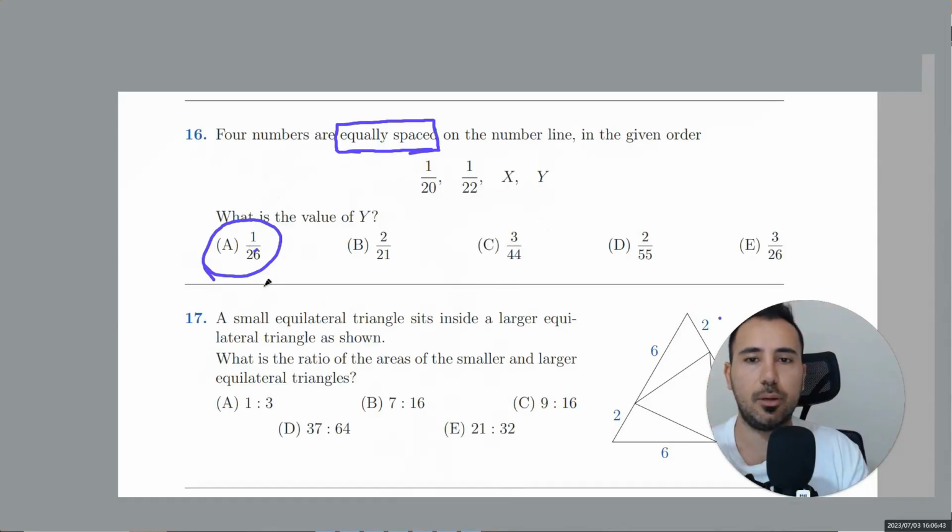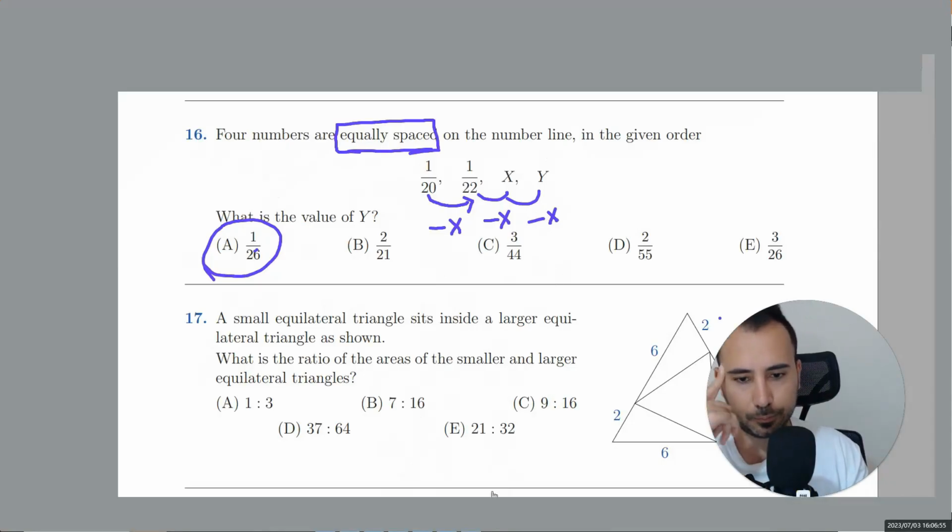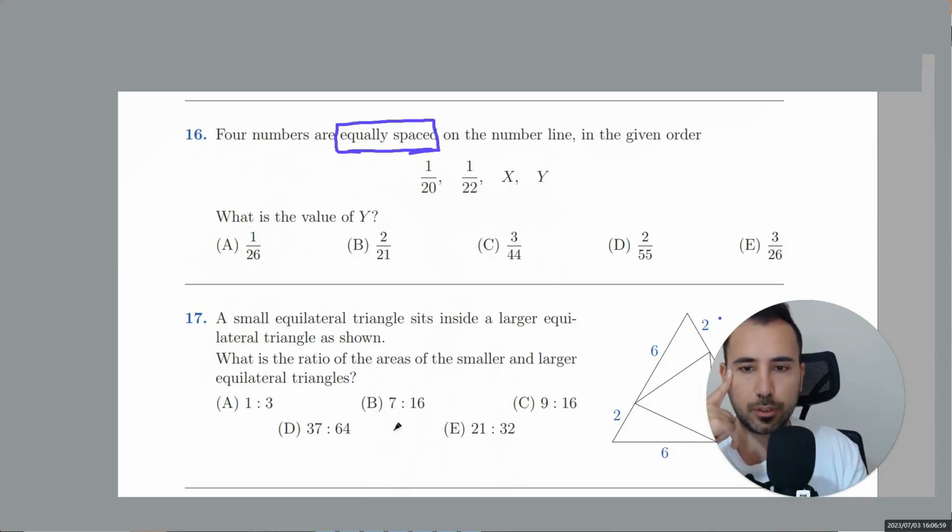So each number from here to here is minus by x, and this one should again be minus by the same value. But the difference between 1 over 20 and 1 over 22, or these two, are they the same?